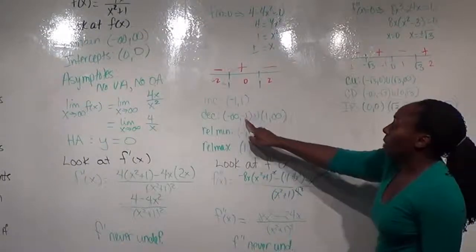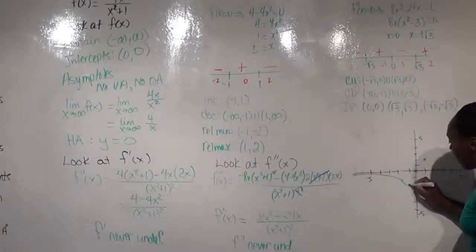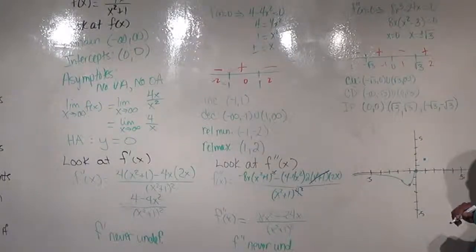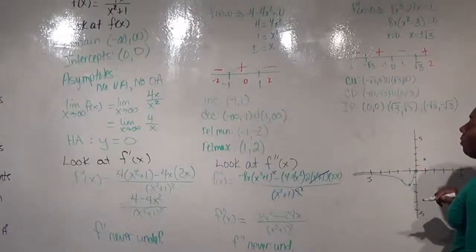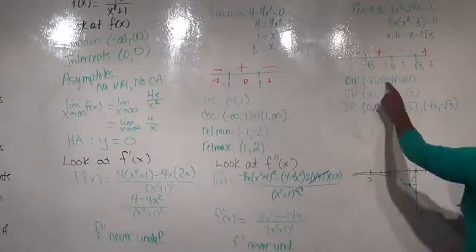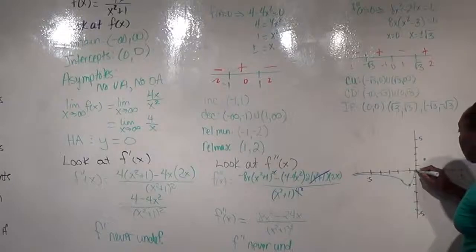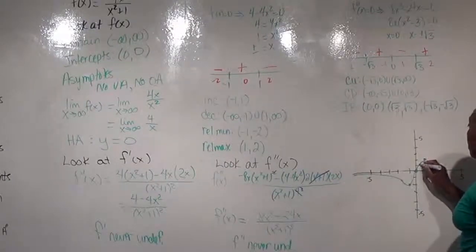At negative 1, I'm going to change to increasing and concave up. And then at 0, I'm still increasing, but now I'm concave down again. So it's going to change to that direction.